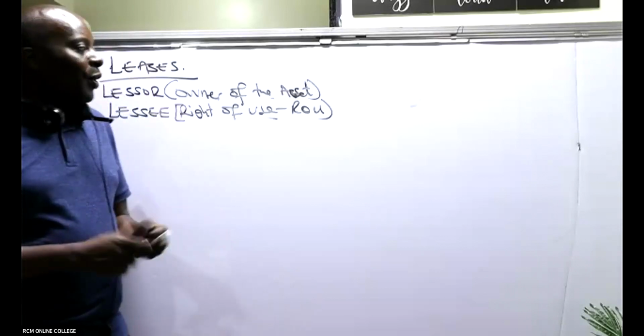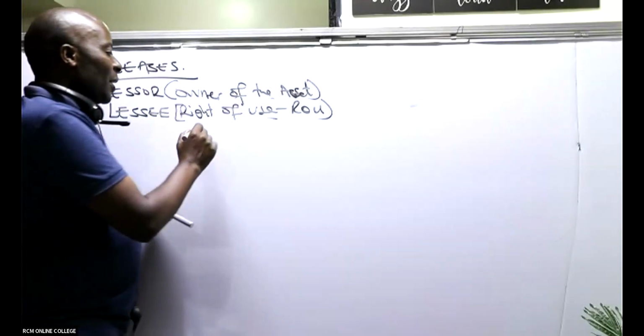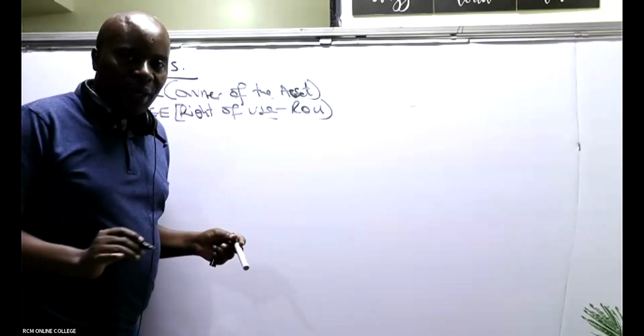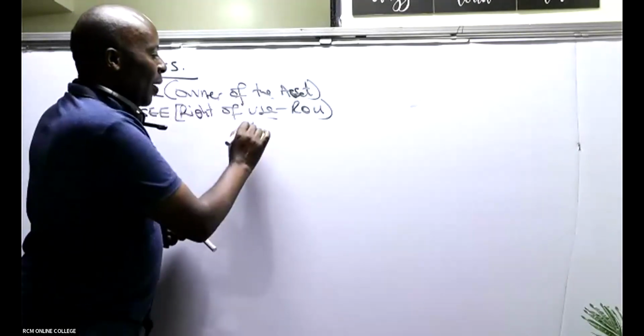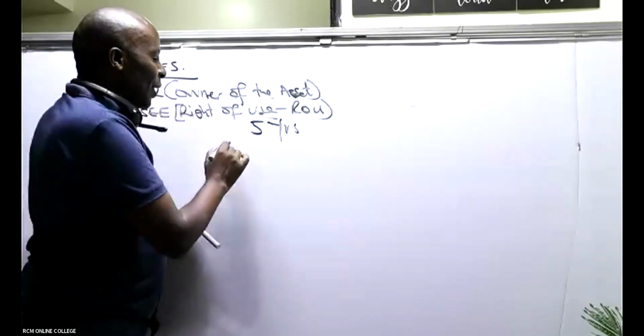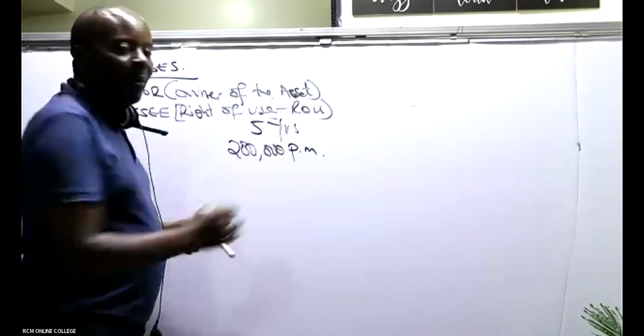If you remember very well, if somebody, like us at RCM, gives us some space, like in our case, we have a lease of 5 years, and we are paying averagely 200,000 shillings per month.